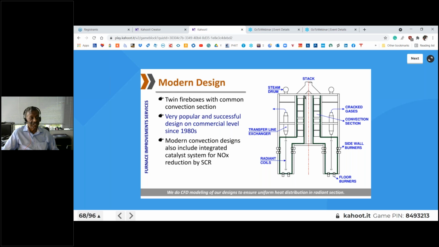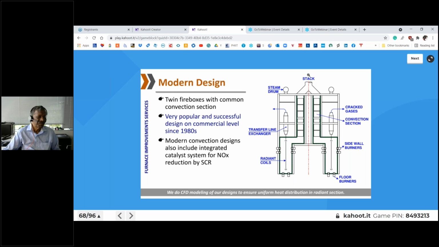Then we have an offset convection, and this is the offset convection of the other furnace and the second radiant section. So they are built in pairs. We have the coil in the center. Vertical coils are used in the center. Then we have a transfer line exchanger on top and a steam drum on the top of the furnace, and an ID fan and stack right on the top.